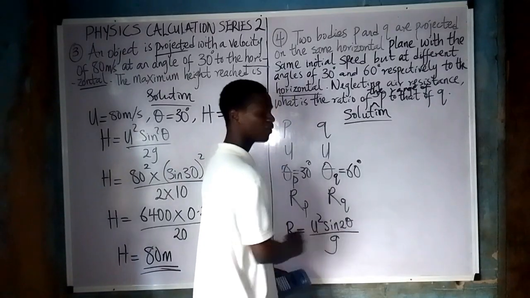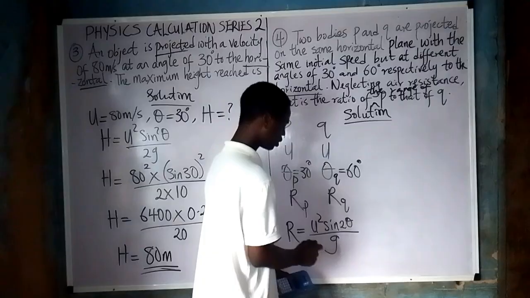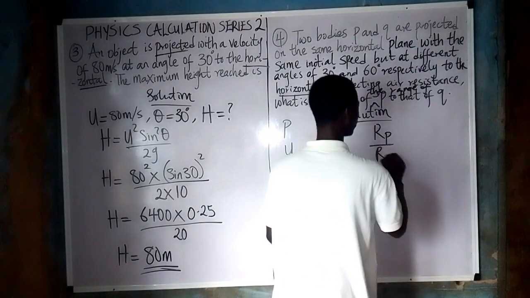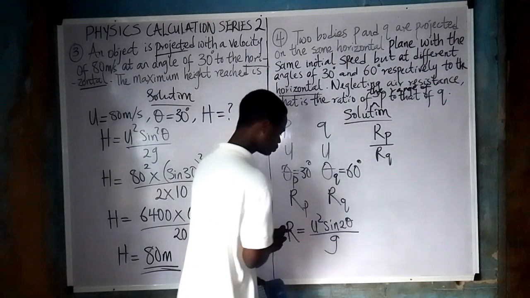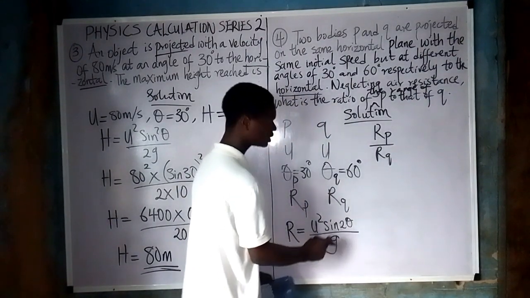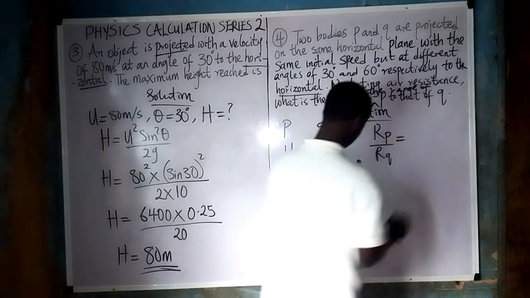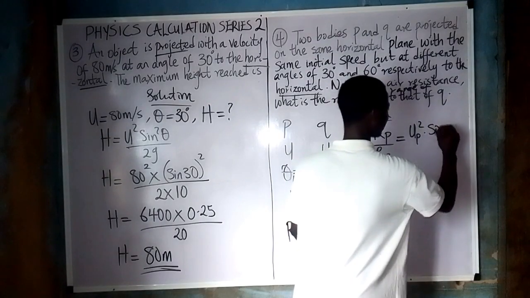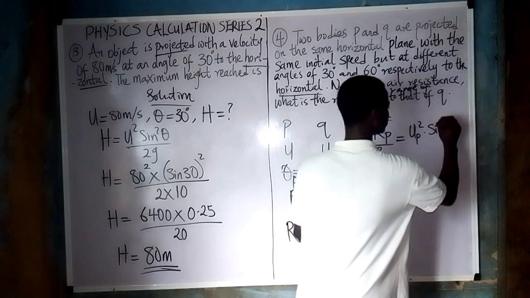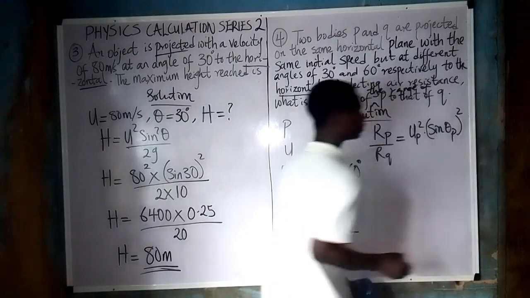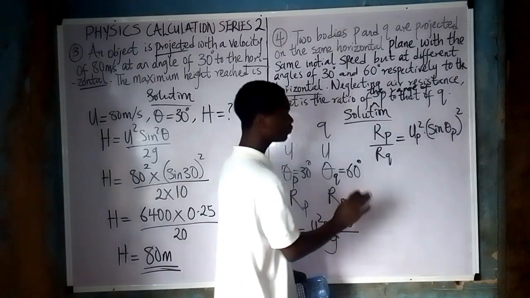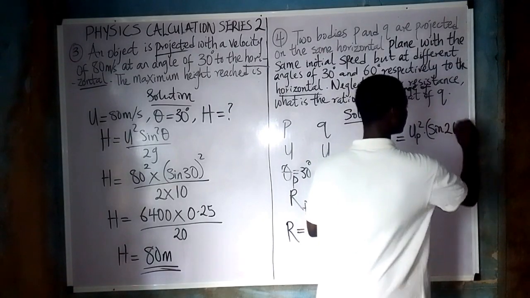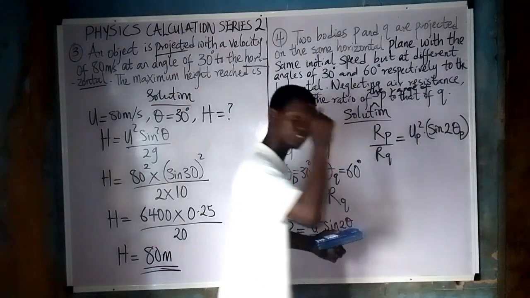Since it's direct proportionality that is connecting these two, we will say R_P over R_Q is equal to U_P squared times sine 2 theta P, everything over U_Q squared times sine 2 theta Q. Let's do this properly, there's no square on the theta, it was 2 theta P. This is not on maximum height.